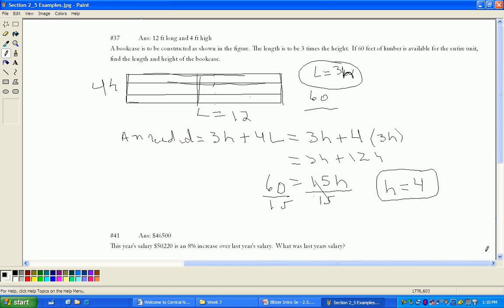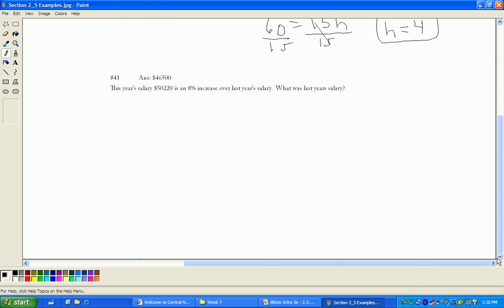Okay, the last problem we're going to do. This year's salary was $52,800. So this year we earn $50,220, and that's an 8% increase over last year's salary. What was last year's salary?